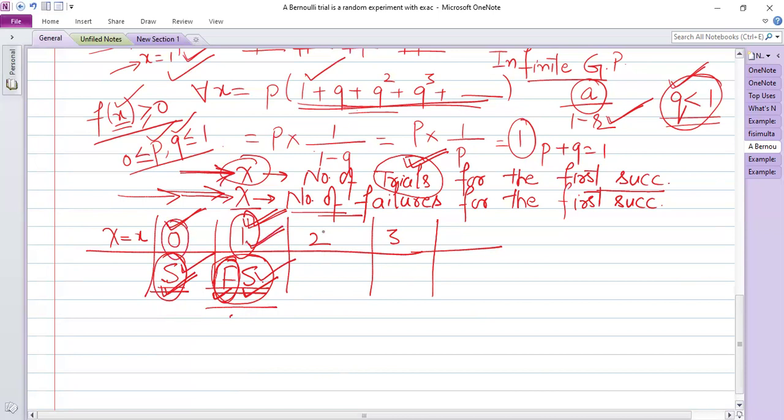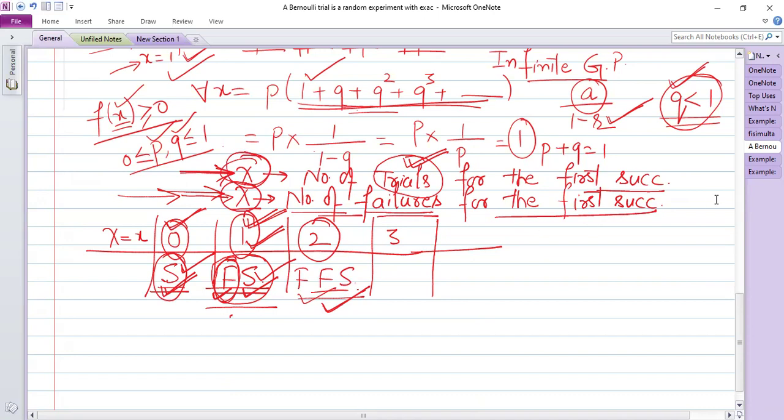Now what is the meaning of x equal to 2? It will be nothing but F and S. How many failures for the first success? Two failures. So for the lower x, the value is 2. But for the same event, what is the value of the upper x? It will be 3.